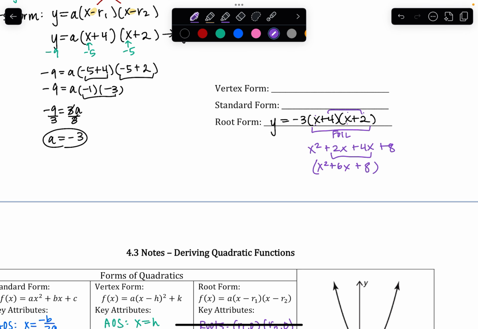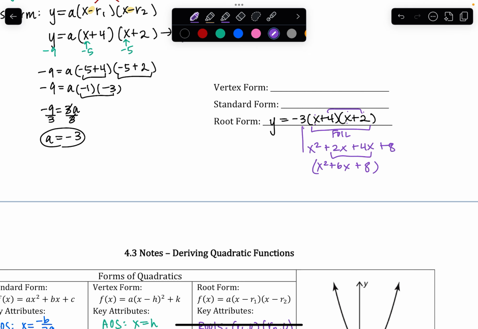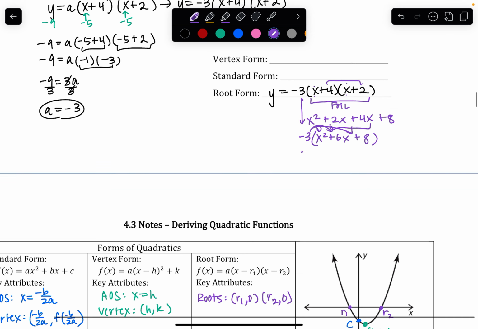Put it back in parentheses because we still need to distribute the -3, and it gets distributed to all 3 terms. Don't just put that a value in front of the x squared. It gets distributed. That's a common mistake I see. So now we have -3 times 6, which would be -18x. -3 times 8 would give me a -24.